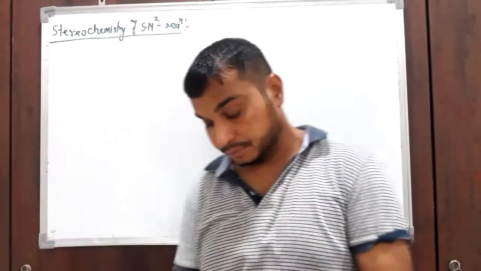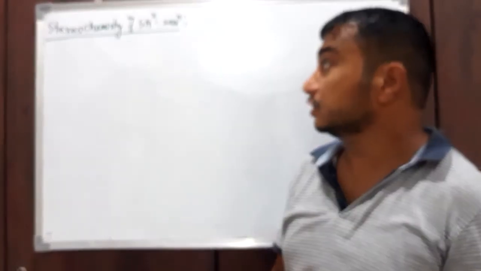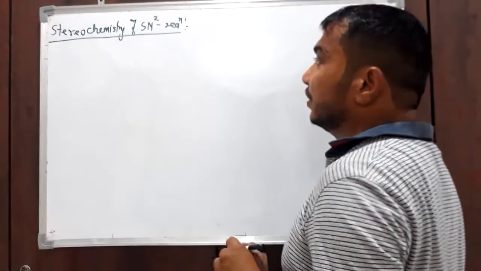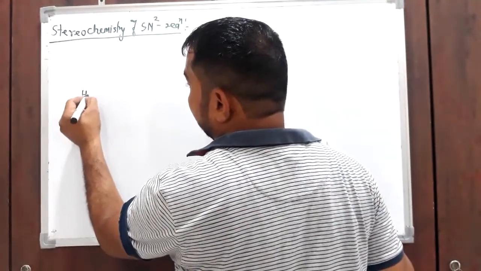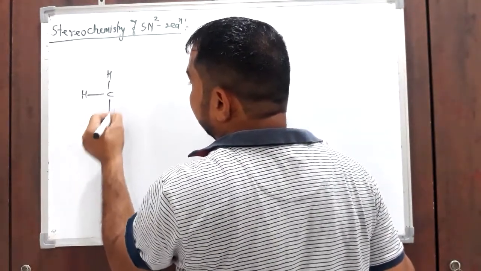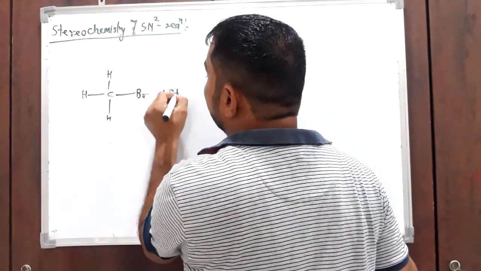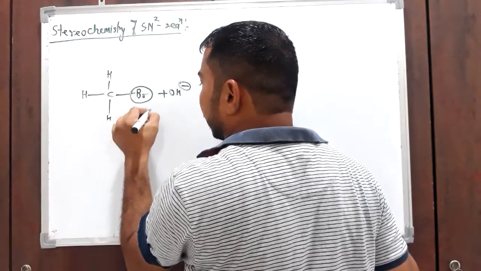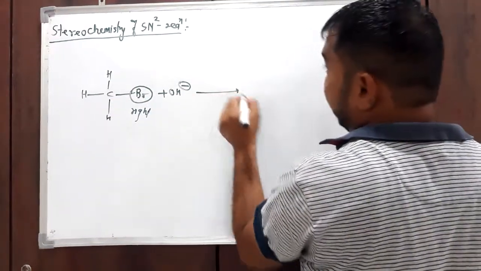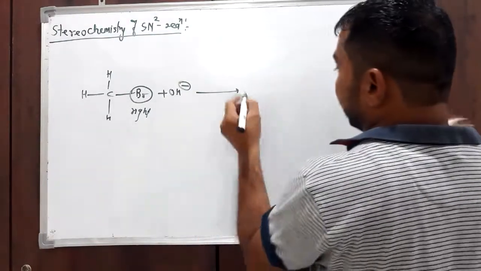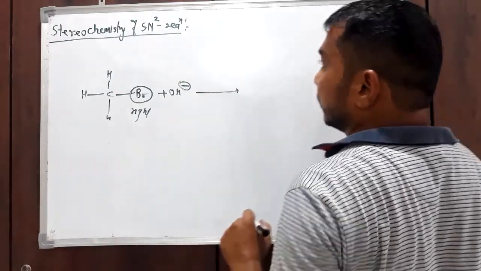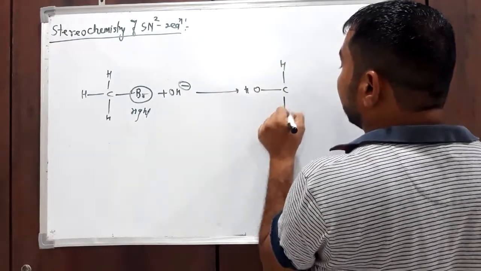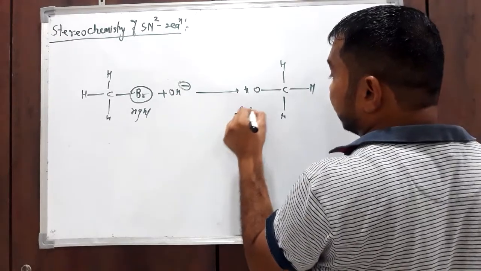So welcome student. In this class, I will try to explain the stereochemistry of SN2 reaction. We already mentioned that in SN2 reaction, suppose this Br minus is present on the right side. Just imagine, in the product after completion of SN2 reaction, we know how SN2 reaction proceeds, the OH minus ion is on the left side.